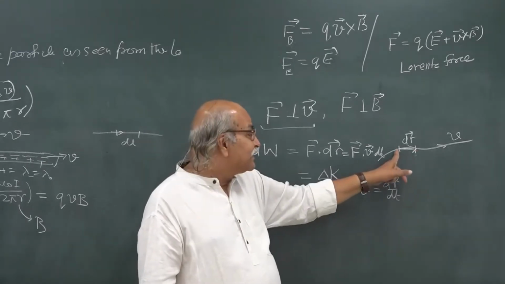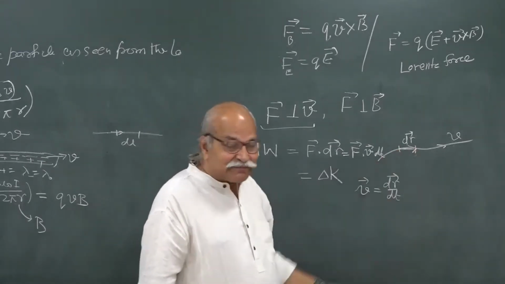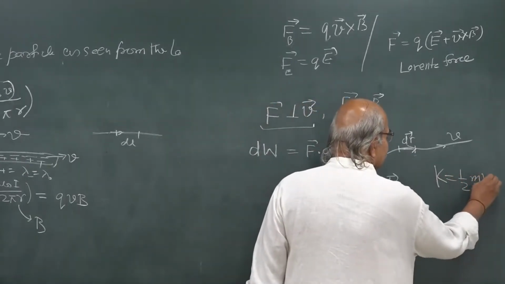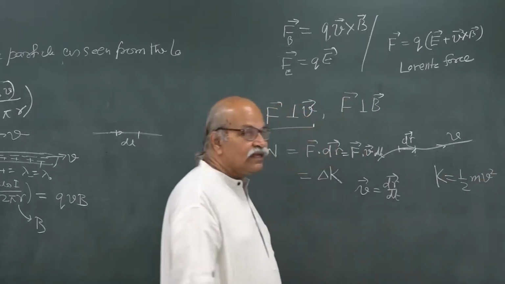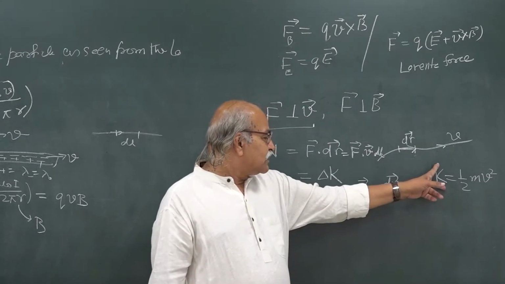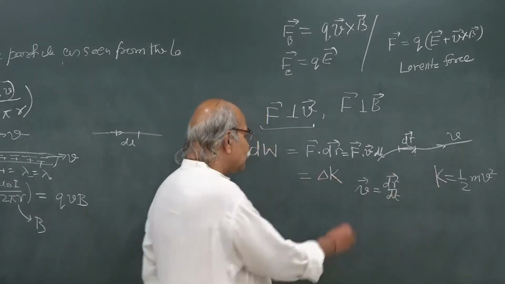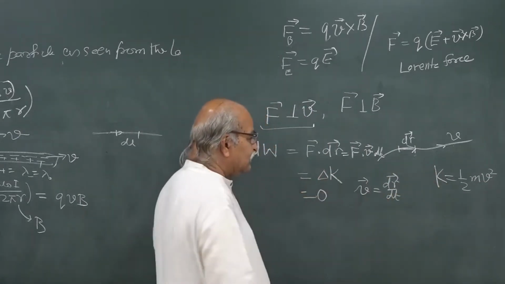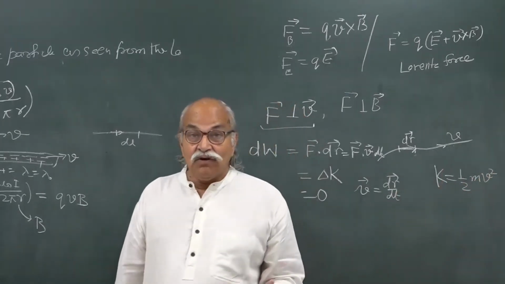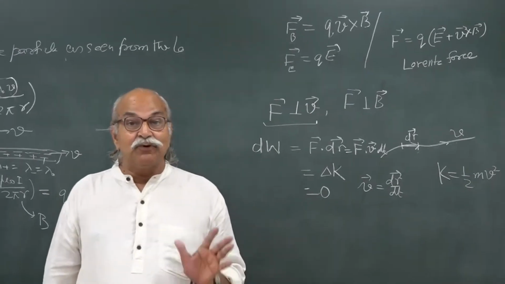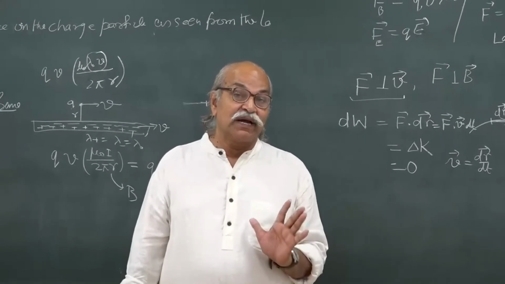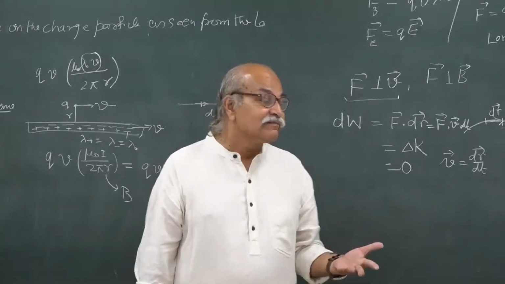So, the speed here and the speed here are the same, because your kinetic energy is half m v squared, and therefore, if kinetic energy is not changing, if delta K is 0, then this speed remains constant. So, the magnetic forces will never change the speed of the particles on which they act.